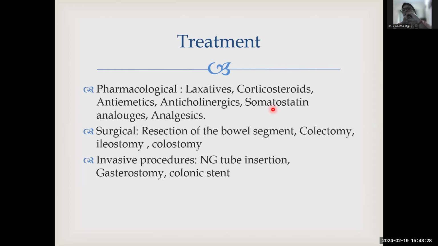So by giving the corticosteroid, that is dexamethasone injection, you are going to reduce the edema around it. When the edema reduces, there is going to be some decrease in size, and you can see the lumen is partially open now. So that's exactly what the magic of dexamethasone is.